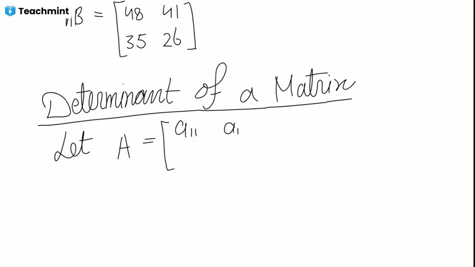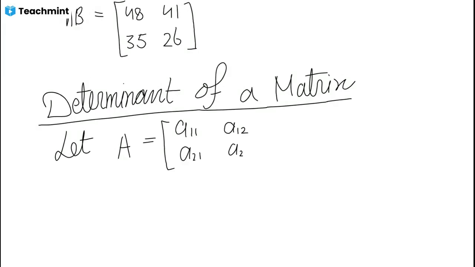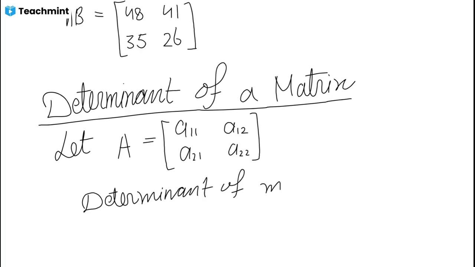We can only find the determinant for a square matrix. Then determinant of A is denoted by this symbol, determinant of A, but most common is this symbol.